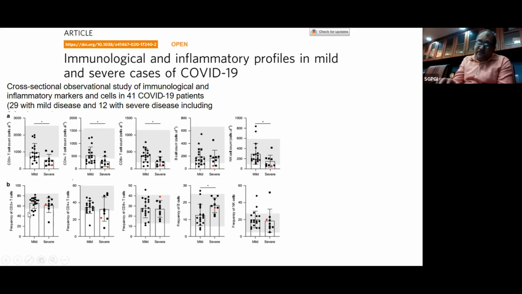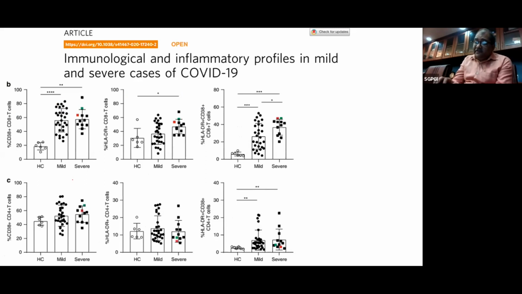The rest of the frequency of CD3 positive T cells were all normal, except that the frequency of B cells was increased in the severe cases as compared to the mild.